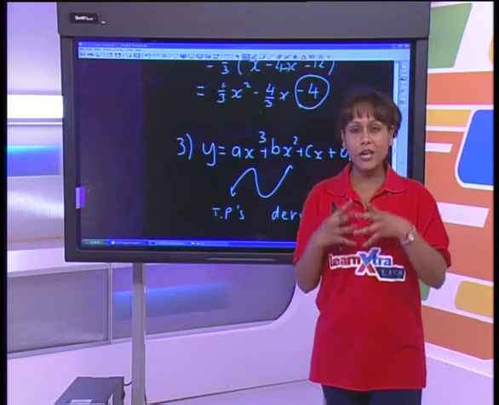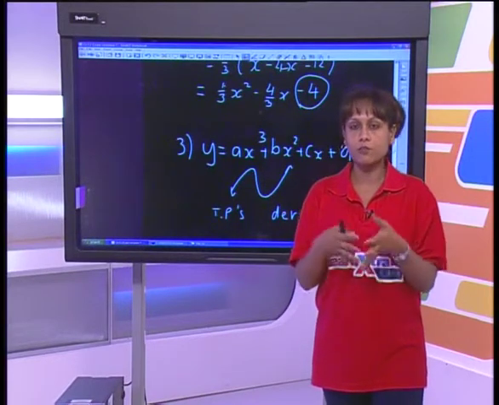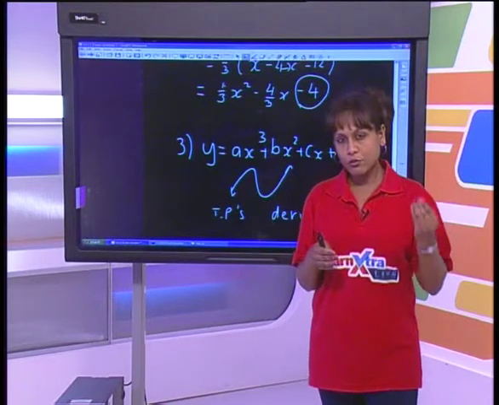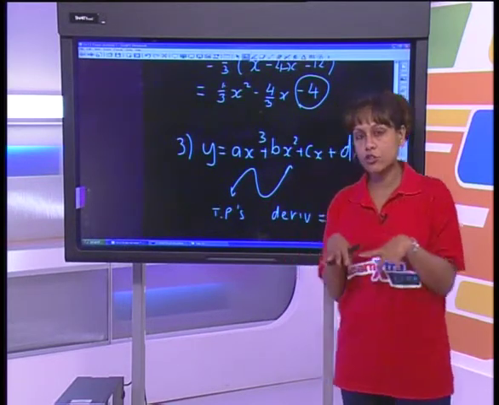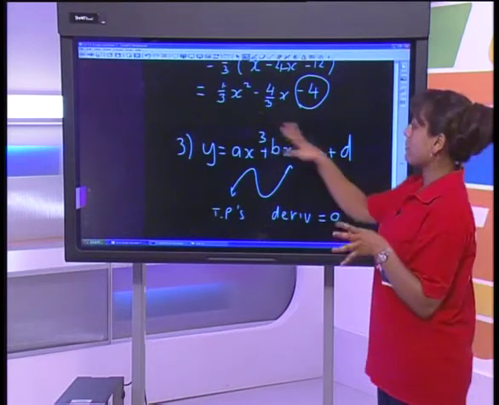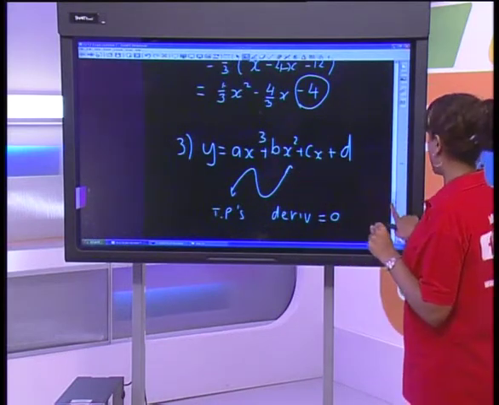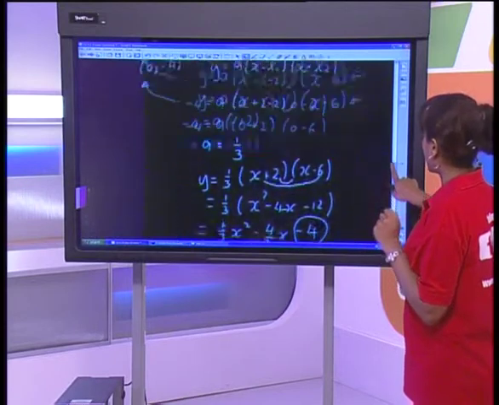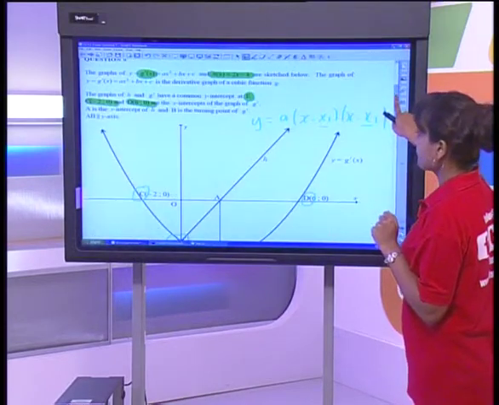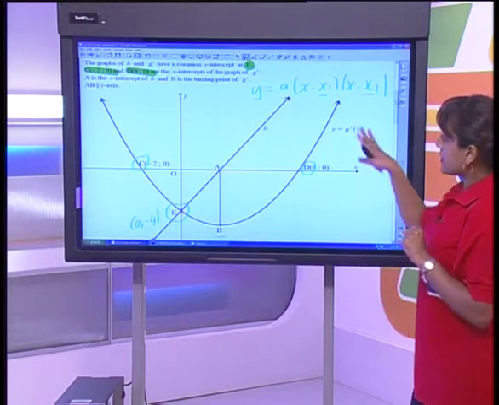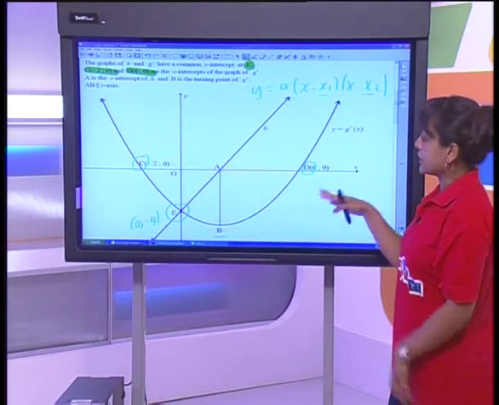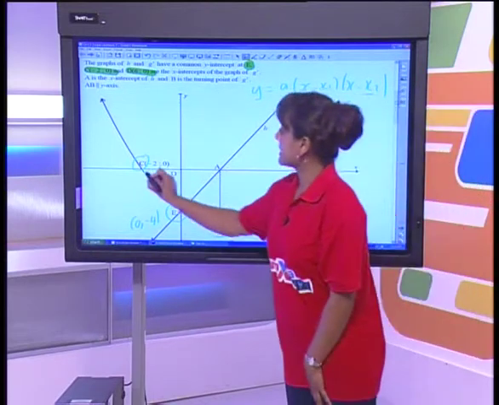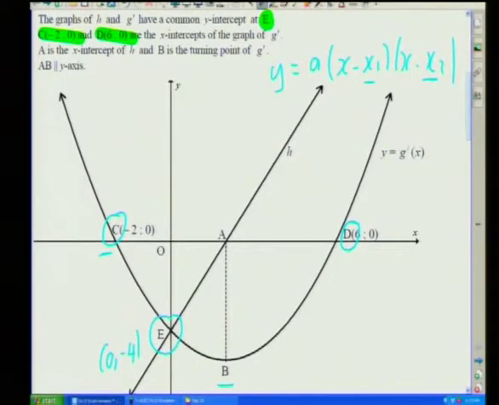But now we actually have the graph of the derivative. So where that graph is equal to 0, that's actually going to be the turning point of the original graph, y is equal to ax cubed plus bx squared plus cx plus d. Okay, so let's just show you this on our graph here. This graph of the derivative, okay, so this graph of g dash, we see that it is 0 at the point C, 0 meaning that the y value has to be 0, okay?